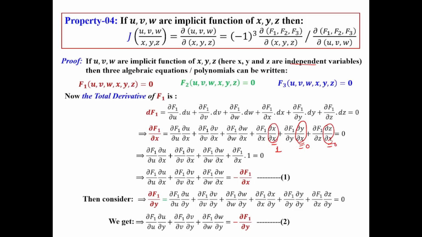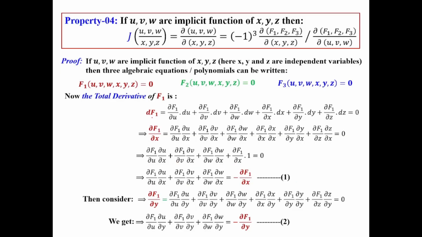So that implies here you can see this value ∂f1/∂u into ∂u/∂x, ∂f1/∂v into ∂v/∂x, ∂f1/∂w into ∂w/∂x, and here this value is 1, ∂f1/∂x into 1, and these two values are 0, already written as such. That implies three terms written as such, and this fourth term taken to the RHS side becomes minus ∂f1/∂x. Let this be equation number 1.